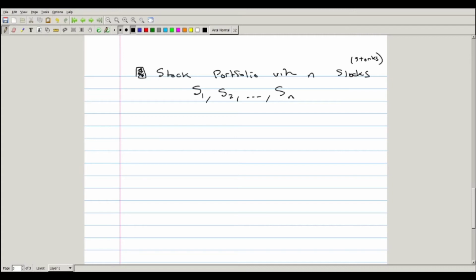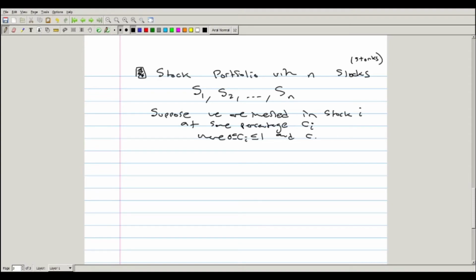So maybe suppose we're invested in stock i at some percentage Ci, where Ci is a number between 0 and 1, and the sum of all the C values, or all the percentages, has to add up to 1.